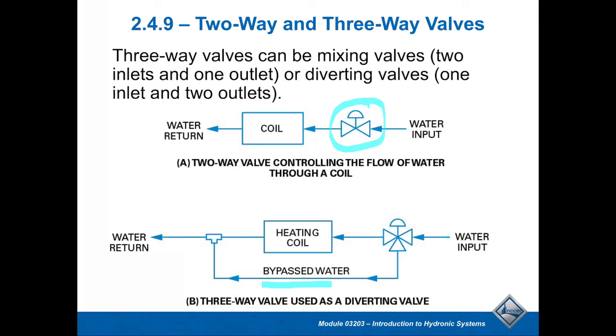Or in this example, what they're showing in this picture is this valve used as a diverting valve. They have 1 inlet and 2 outlets in this case. So it just depends on the piping layout of that valve.